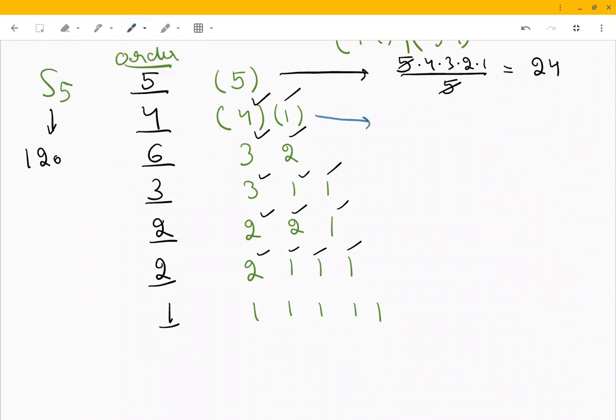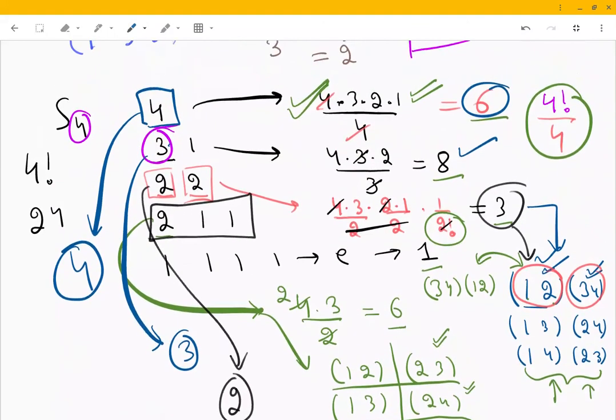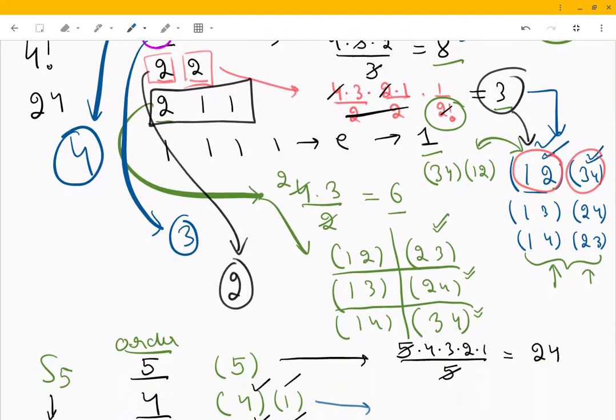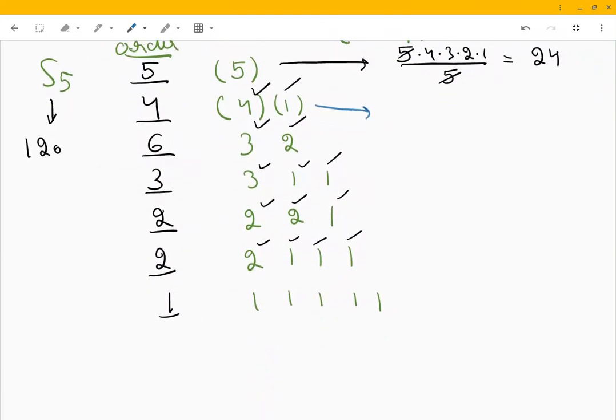Now, because it is S5, I'm starting with 5. Above it was S4, so I was starting with 4. So it depends on the group from where we would start. So 5, 4, 3, 2, just 4 times, and then divide by 4. This is 30.